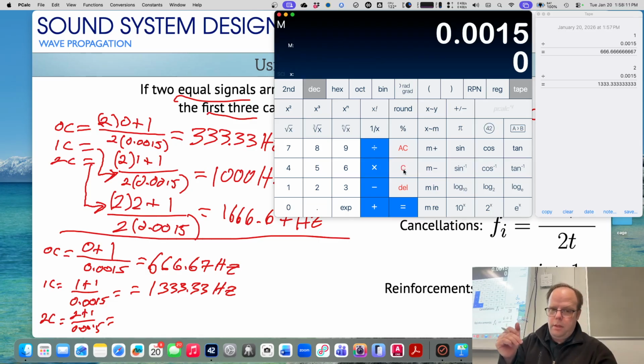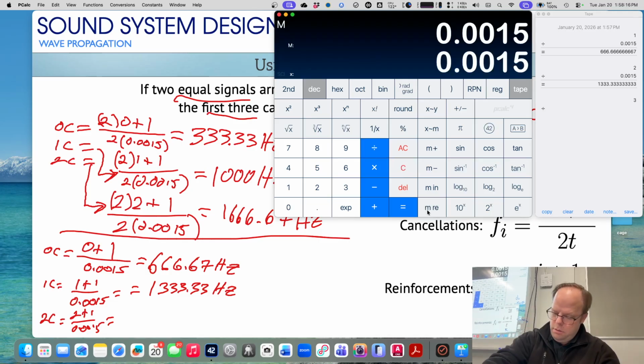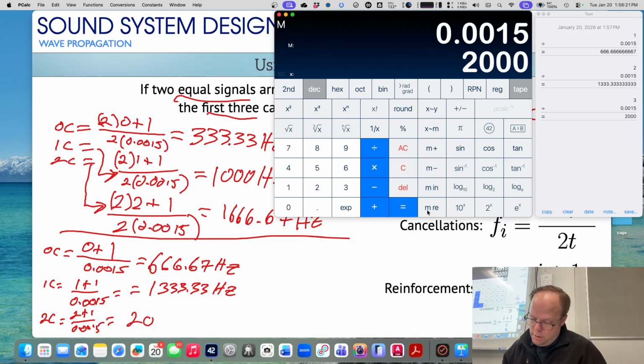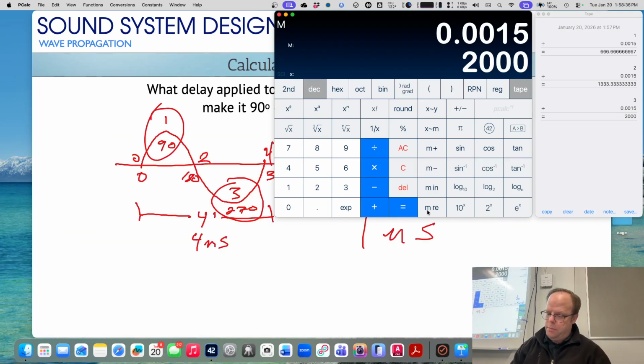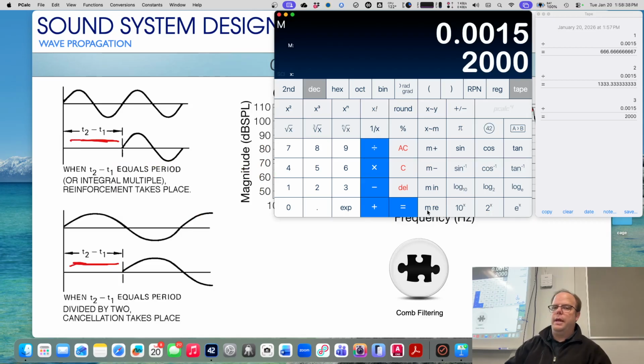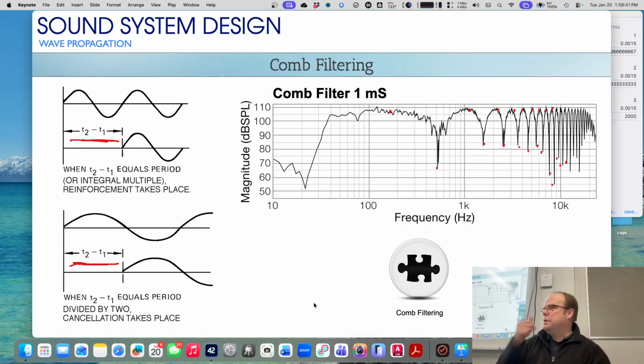And that's going to be 3 divided by that, and I get 2,000 hertz. Yeah? Makes sense? There you go. You can keep going on this forever and graphing this. And if you graphed it plus all the things in between, which I'm not really teaching you how to do, you would get a graph that looks like this. Just plotting the numbers we could do, you would end up with all the red dots, basically.